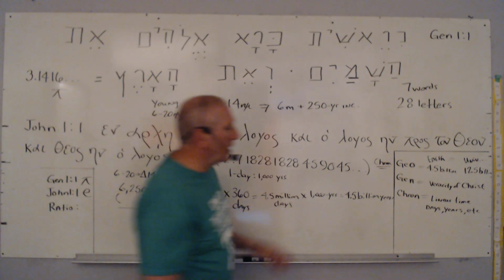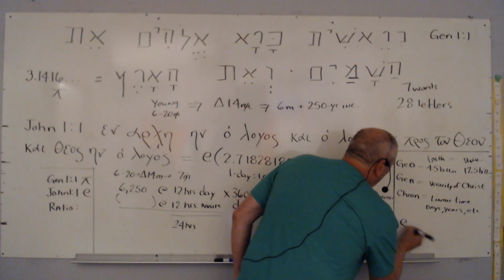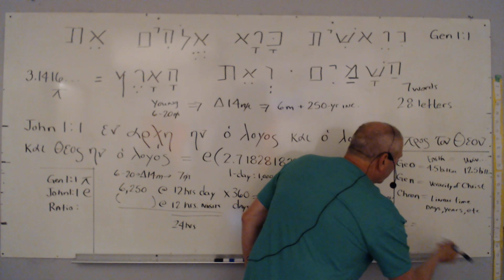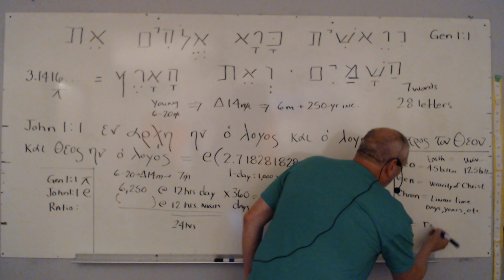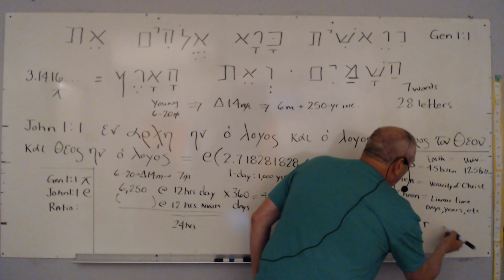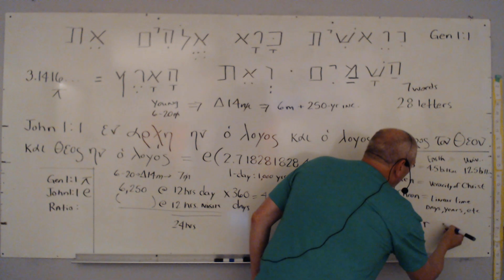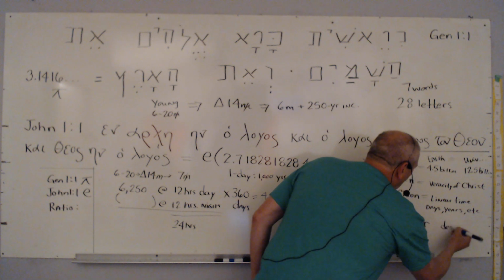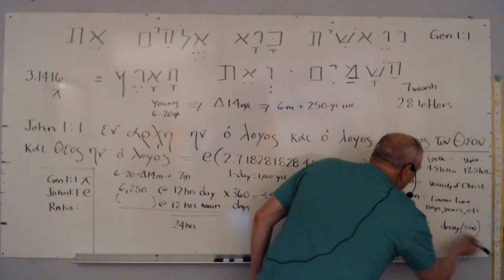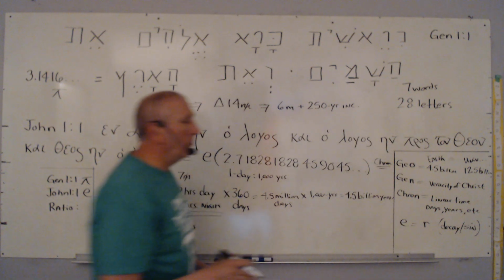Because remember, E is also used for compounding interest rates. Well, we're not talking about interest rates, where you just put an R in the equation for rates of interest and compound. But what we're looking at is the rate of decay and the compound sin, as the Bible says, a little leaven leavens a whole lump.